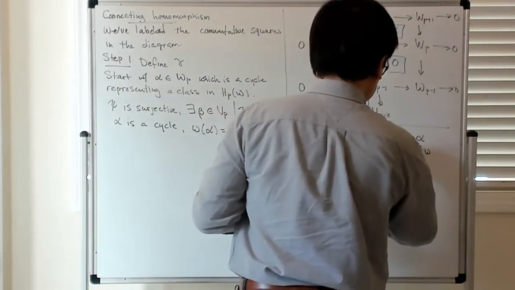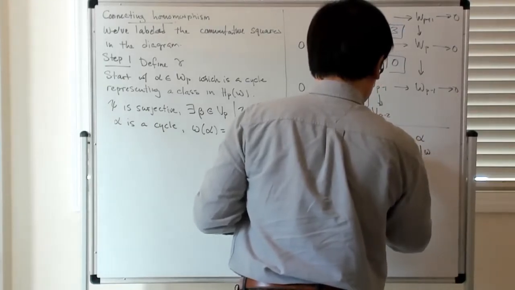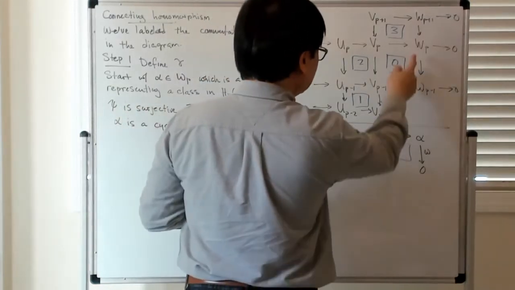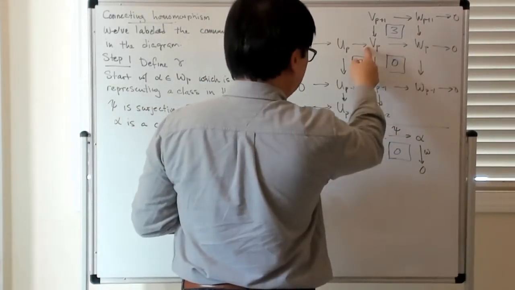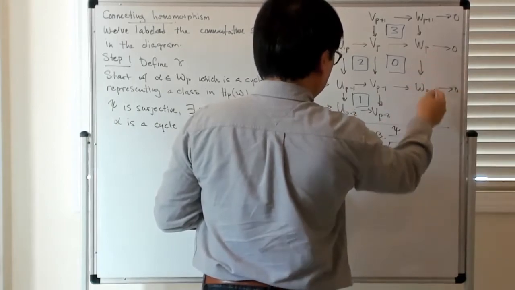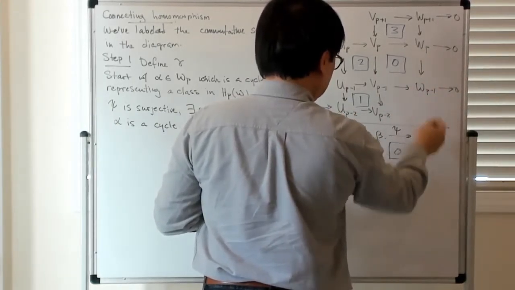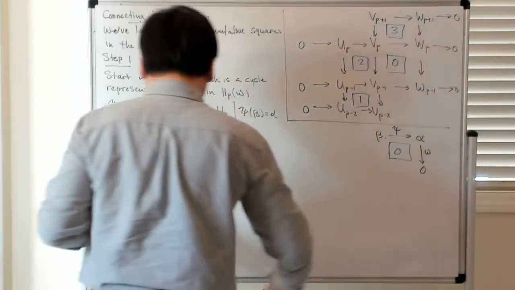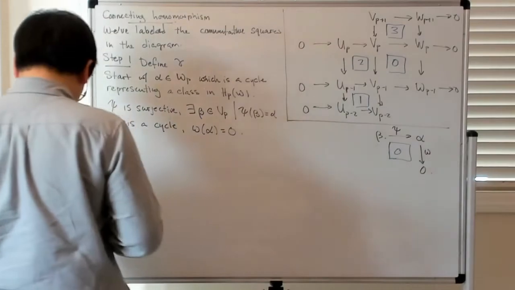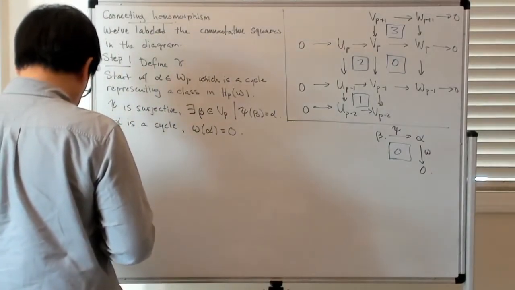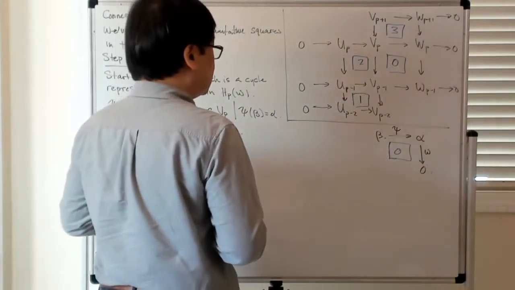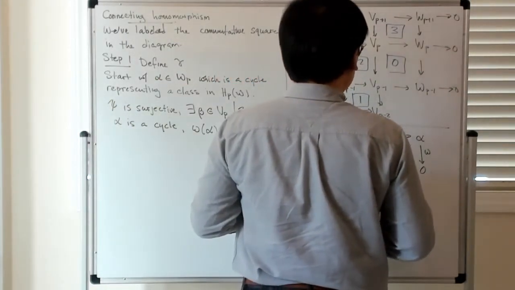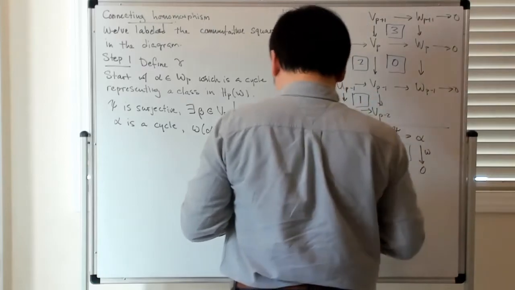So this is the diagram corresponding to 0. Hopefully you see where we are. Alpha is in W_p, beta is in V_p. Alpha in W_p maps to 0 in W_{p-1} via the boundary because alpha is a cycle. And we need to have something here.